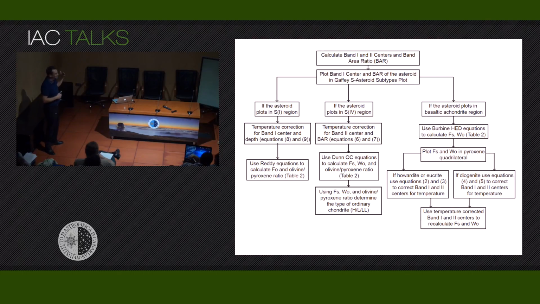I think it's amazing that you calculate ratios, then you plot, and then there are certain ifs here. There is actually no "what if none of these are true." Let's see if the asteroid plots in a certain region, and in a certain region, so you do various things.